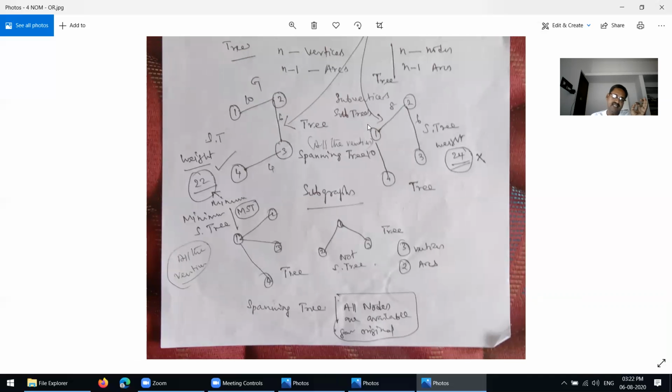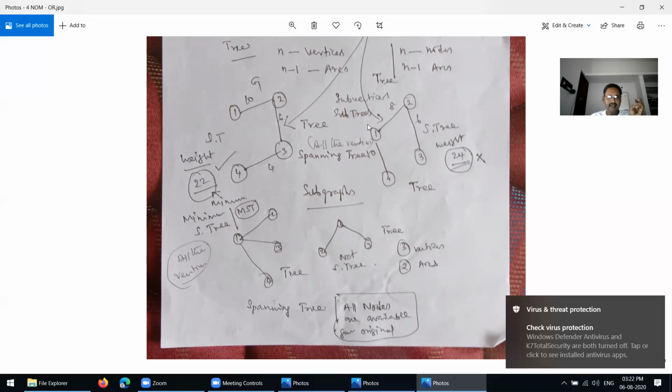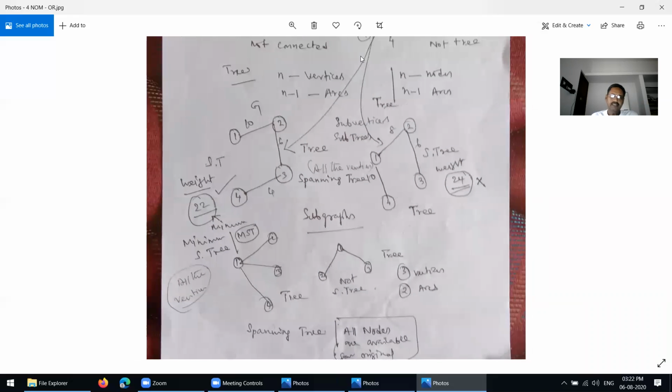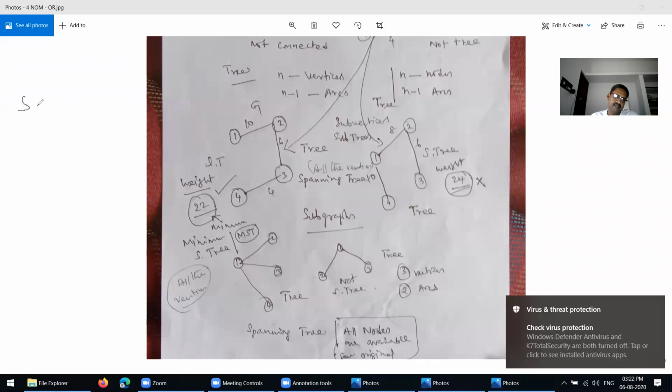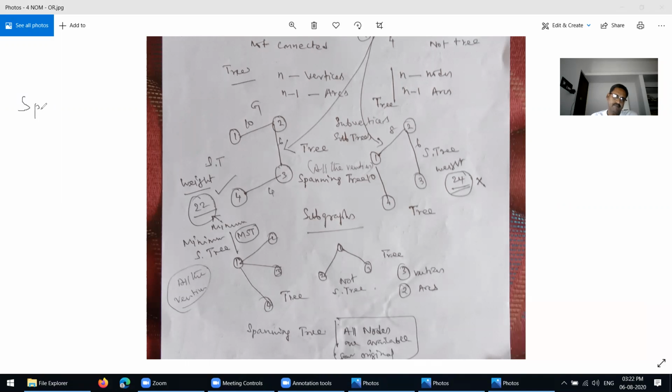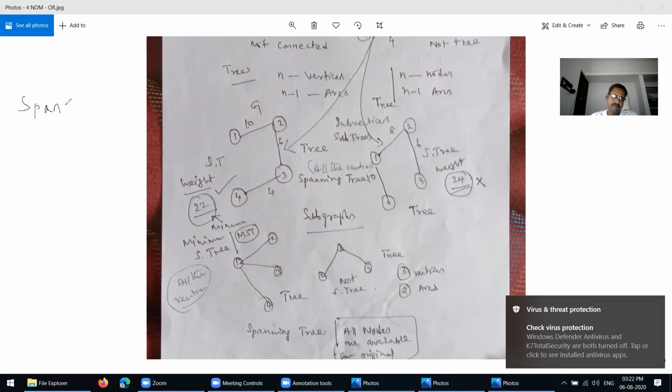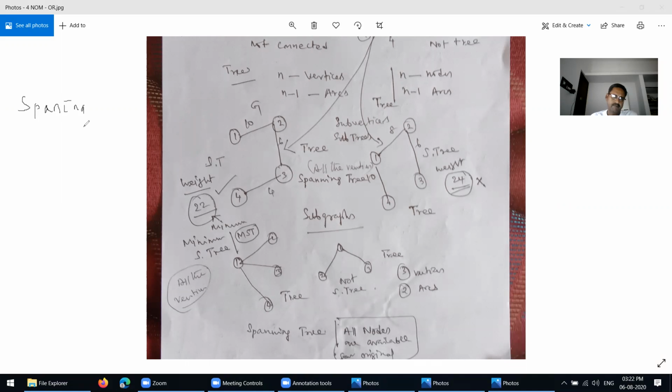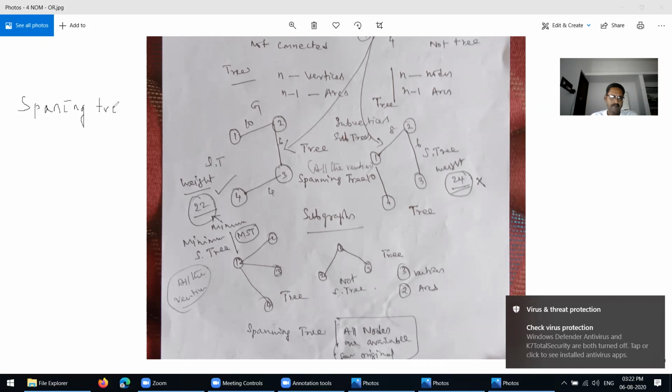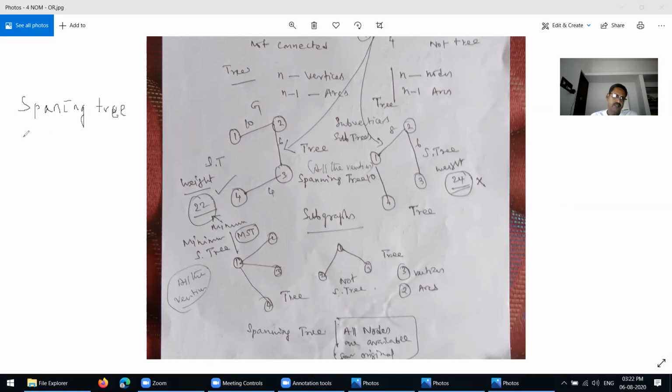Spanning tree is nothing but the number of connected. I have to write the formula here. Spanning tree. You understand?